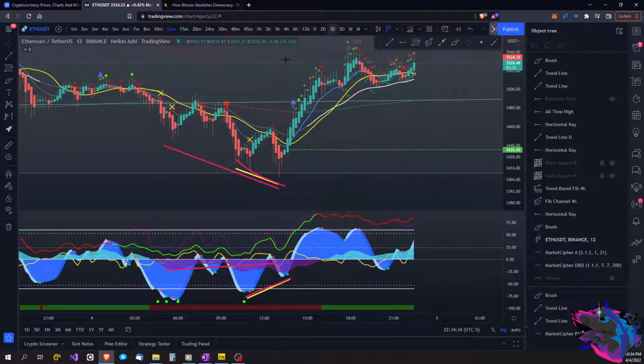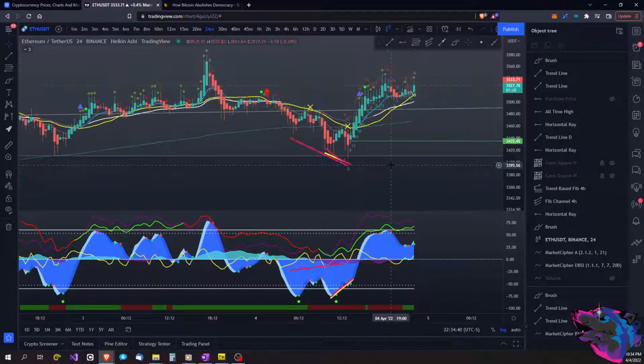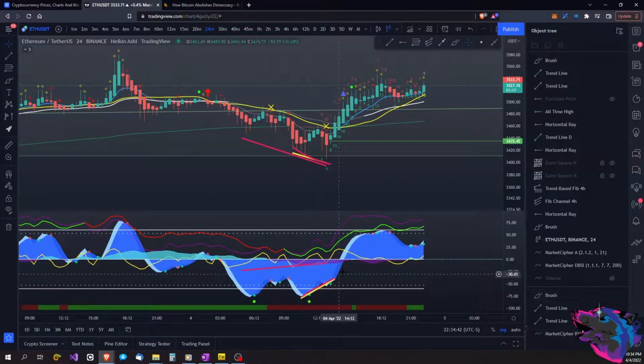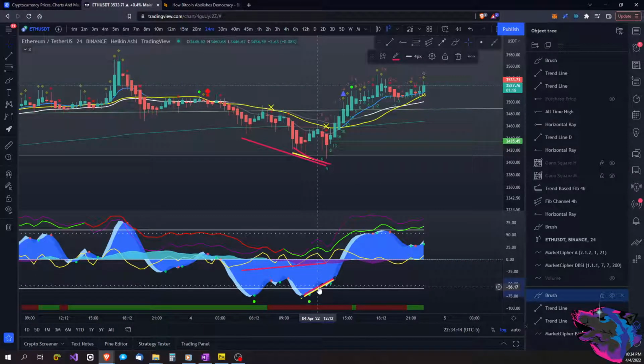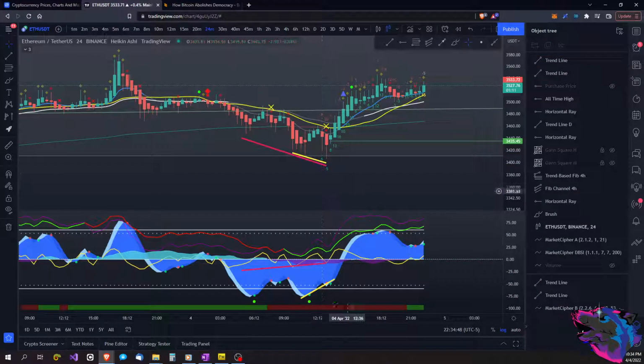Now let's just look at this situation right here, and let's say we go up to the 24, and we do still have some of the momentum wave. Let me get rid of my scribblings here. We do have some momentum wave divergence still showing up on the 24.